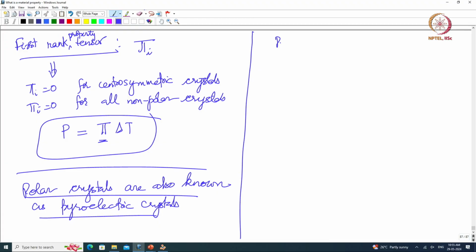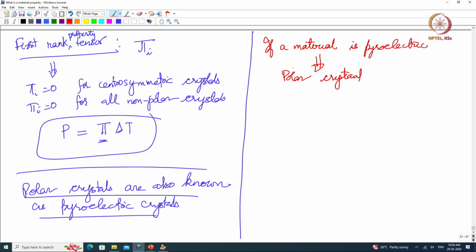Now, pyroelectric materials come from crystallography. If a material is pyroelectric, then I can say that this material is polar, a polar crystal.